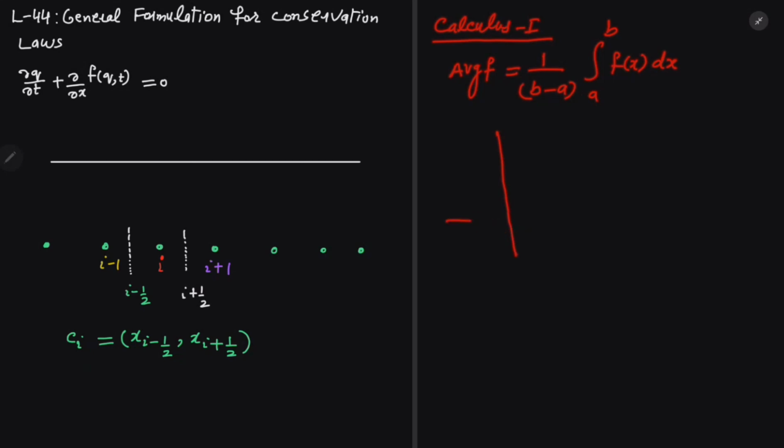We have, for example, a to b and any function, but we want to find the average of that function. We want to know the average value of this function over the interval.